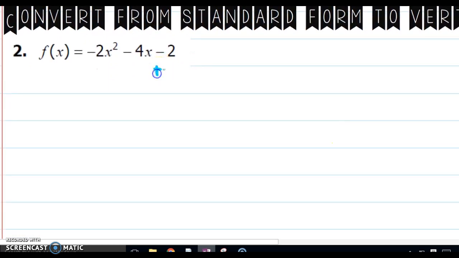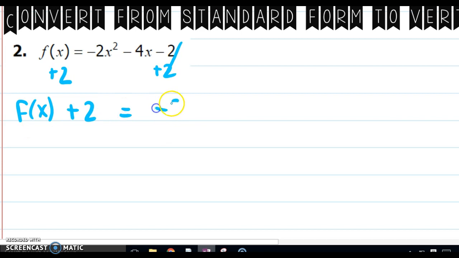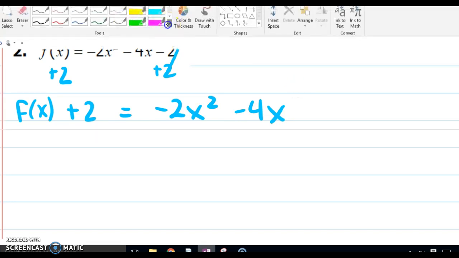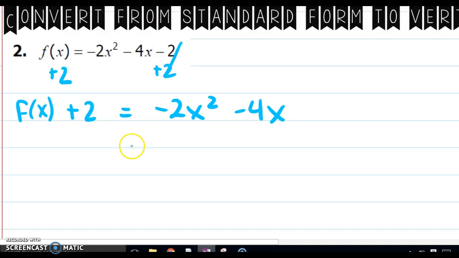Still, we always move c to the other side. So we have f of x equals 2x squared minus 4x. And the ones we did in class may have had a y. These have f of x, which is no different. Now, we always take out not necessarily the greatest common factor, but a common factor, which is a.